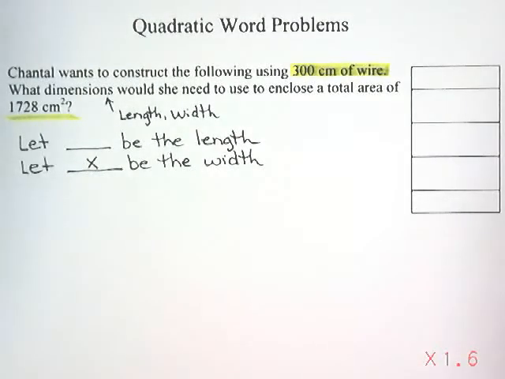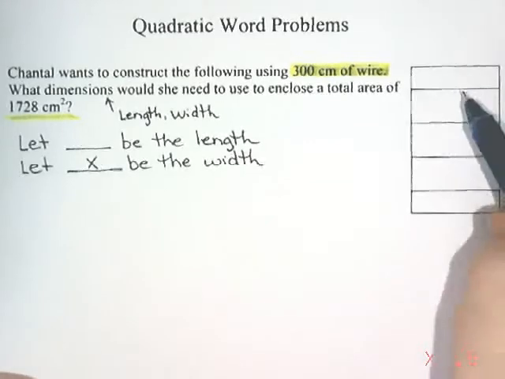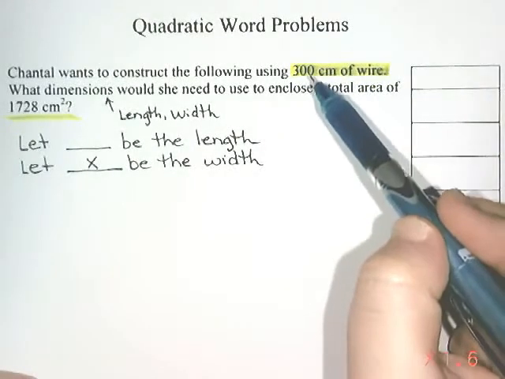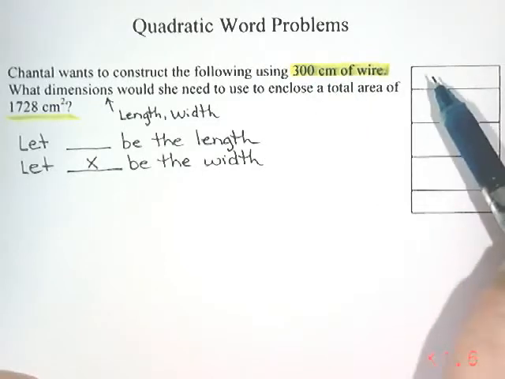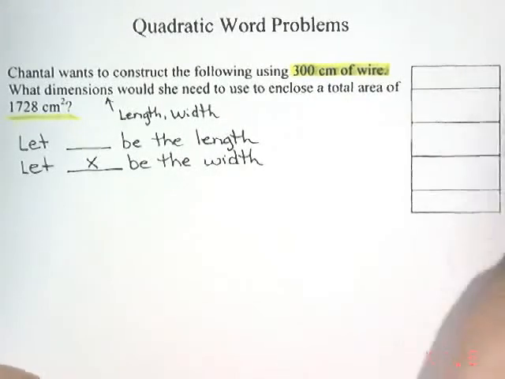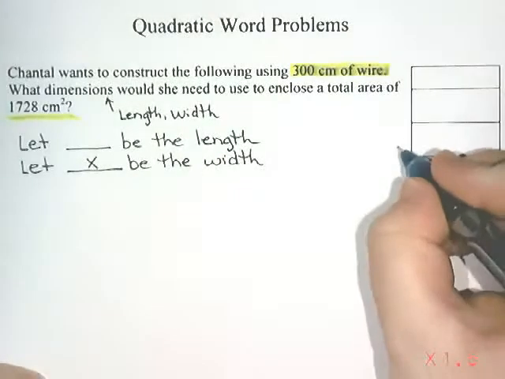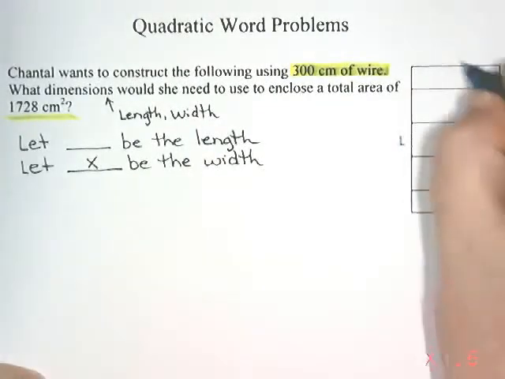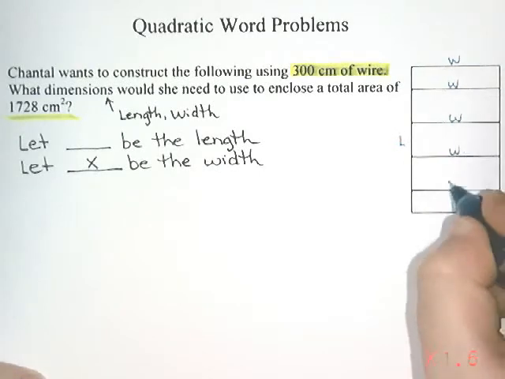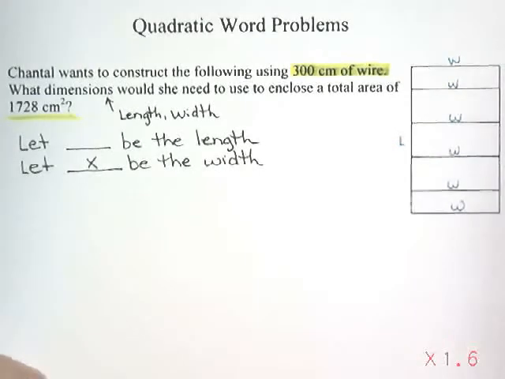So to figure out the length part, I am going to take a look at my diagram. I know that that 300 centimeters of wire has to use up all the different sides and middle pieces of my picture. So if this is a length, this is a length, we've got a width, width, width, width, width, and width.